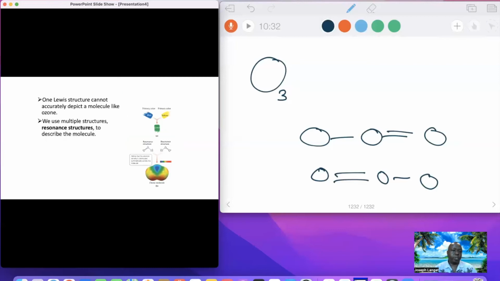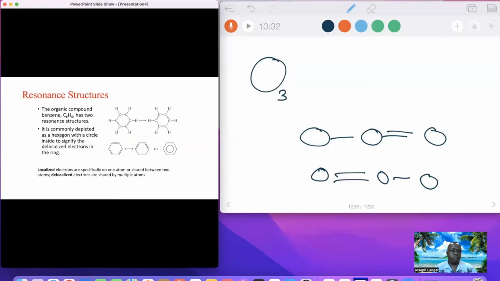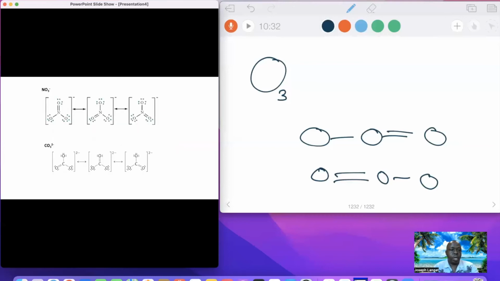Formal charge is used to determine which one is plausible. Here is nitrate. We use the double-headed arrow to indicate resonance structures. This has 3 possible resonance structures for carbonate ion.